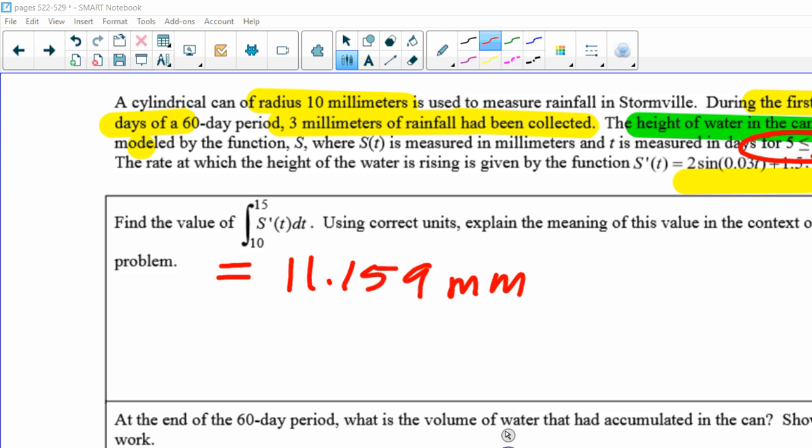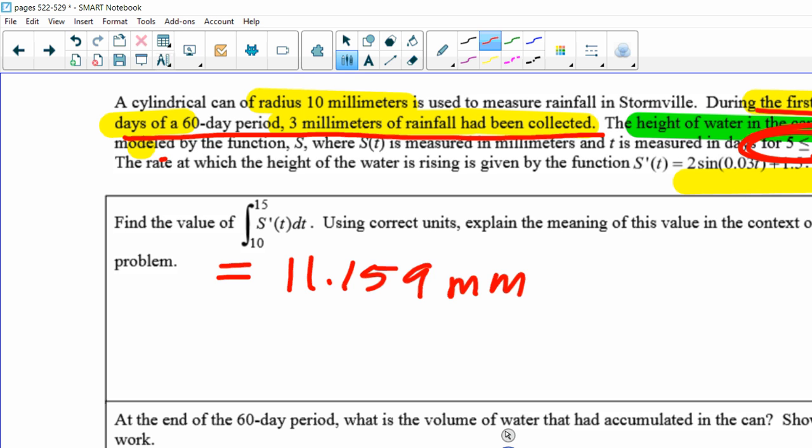S of t is measured in millimeters and t is measured in days for those days. My question is, what about the first 5 days? It sure matters.